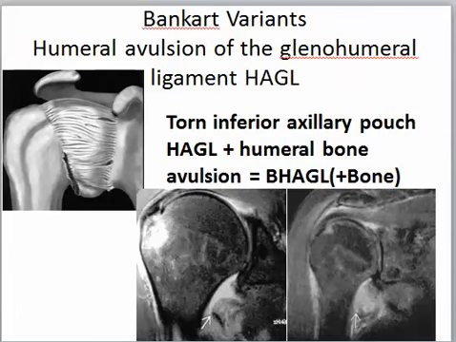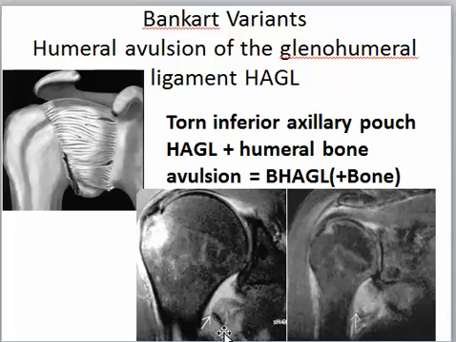Now, the last one in Bankart lesions, which are anterior instability usually due to dislocation or subluxation, is humeral avulsion of the glenohumeral ligament, HAGL.